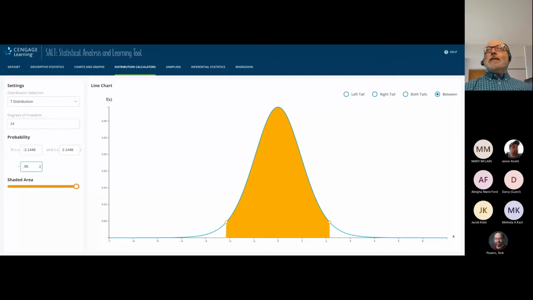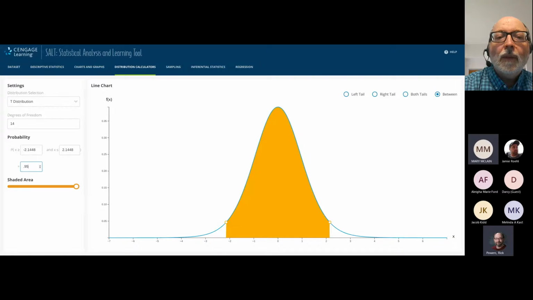So I want to see if we can get back to what we did last time. Can someone tell me what the z critical value is for a 95% interval? If I'm using z, what is the number I have for a z critical value for 95%? Is that the 1.96?